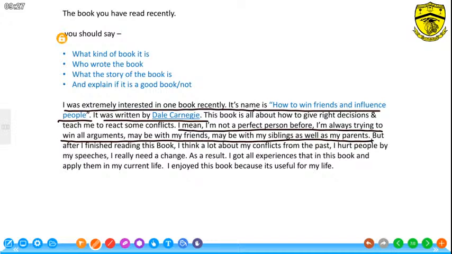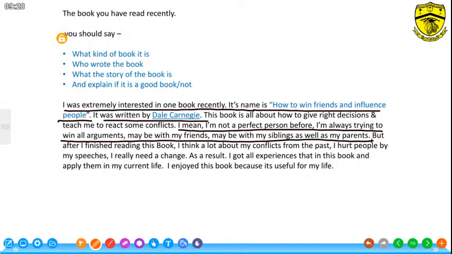So in the past, I had many conflicts in my mind, and I heard people's speeches. I heard a lot of people, and I felt that I really needed a change.